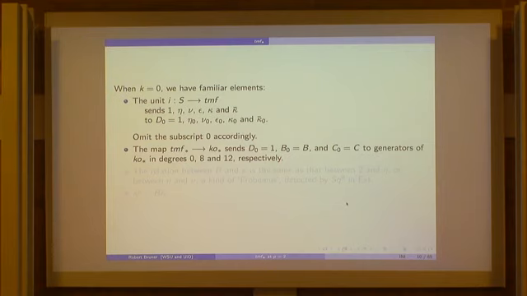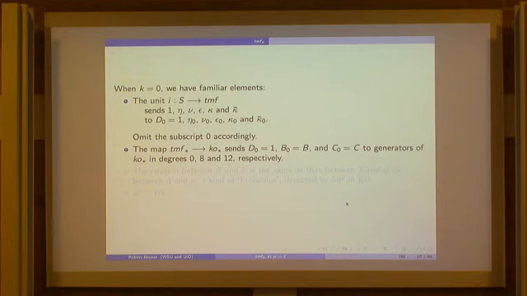The map from TMF to KO sends D0, B0, and C0 to the generators of KO star in degrees 0, 8, and 12. In degree 4, the map is an isomorphism in every degree before. And in degree 4, TMF star is 0 and KO star is Z.